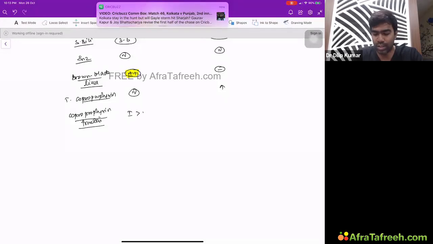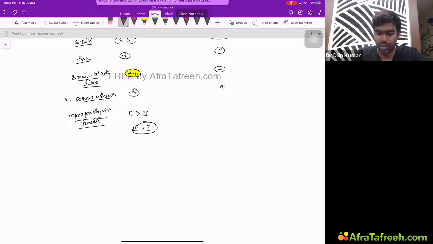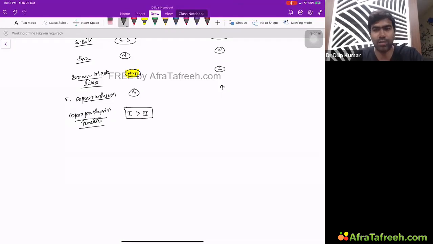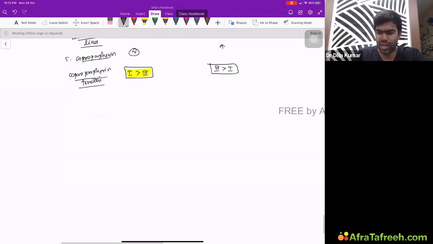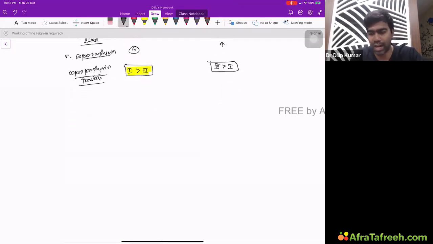Normally, coproporphyrin III will be more than coproporphyrin I. But in patients with Dubin-Johnson syndrome, I will be more than III. That is a reversal of the coproporphyrin fraction, which is quite characteristic of Dubin-Johnson syndrome. Whereas in patients with Rotor syndrome, III will be more than I, which is normal. So in Dubin-Johnson alone, there will be a reversal, due to many obscure and unknown reasons, which can be explained, but it's not needed anyway.